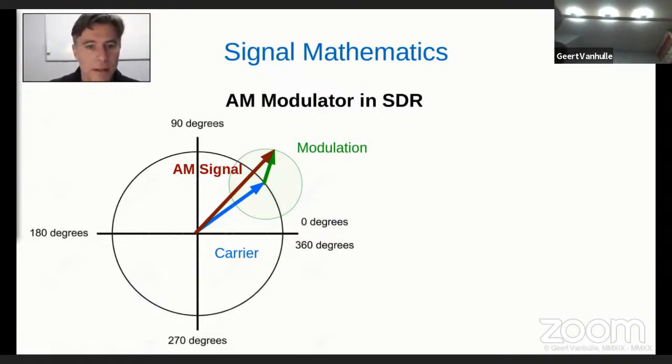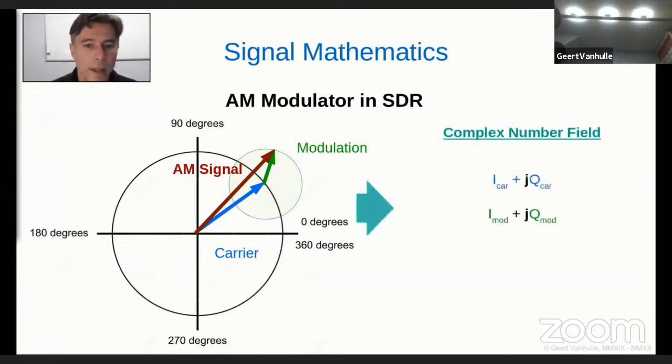Now, the advantage of this is that we can use a complex number expression in mathematics to describe these vectors. For example, the carrier wave here, we can express with the real and the imaginary part on the x and y axis. So the carrier wave becomes I plus jQ. And that's the expression of the carrier wave.